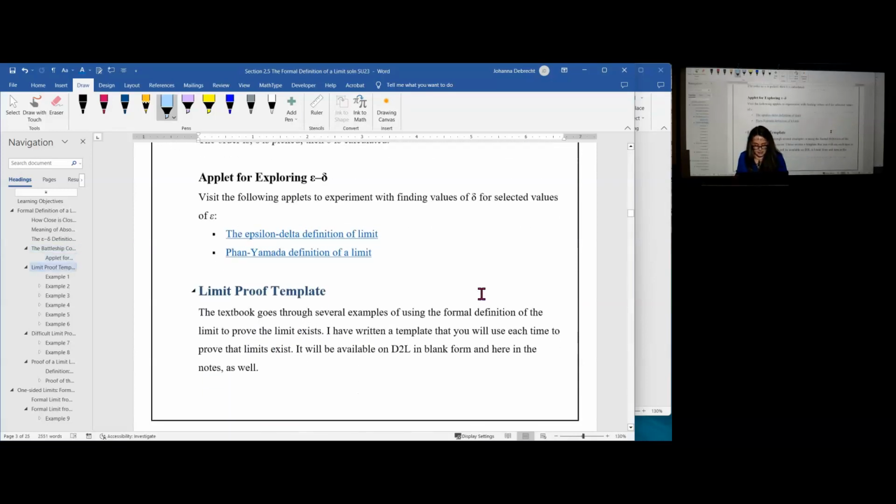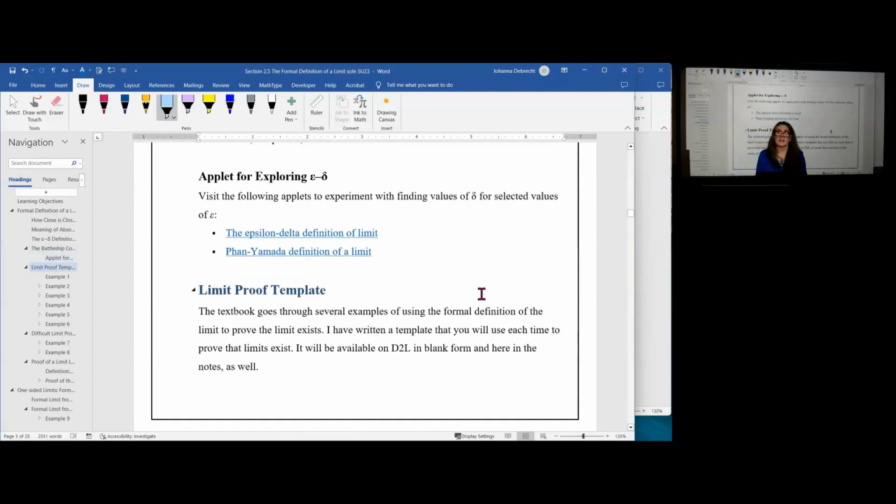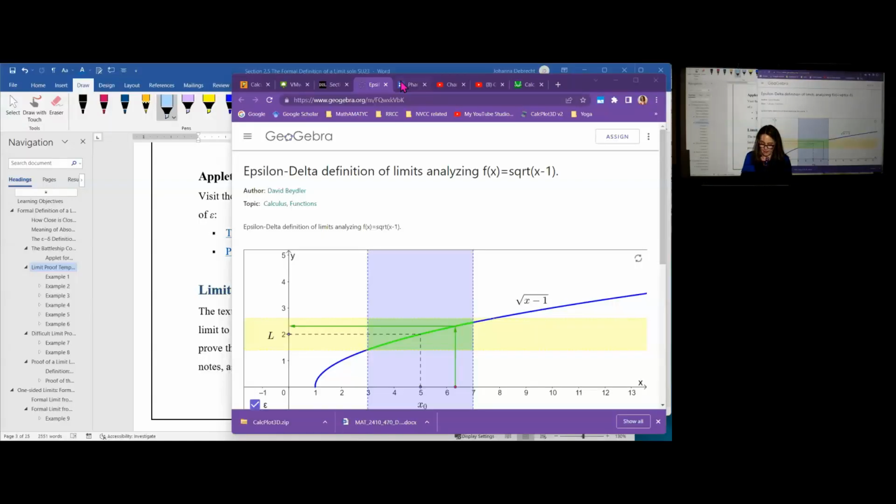Let's go ahead and take a look at a couple of applets that demonstrate this particular concept. There are two of them that I have, and I want to open them up for you now. The first applet is one written by David Badler, and it's looking at the function square root of x minus 1.